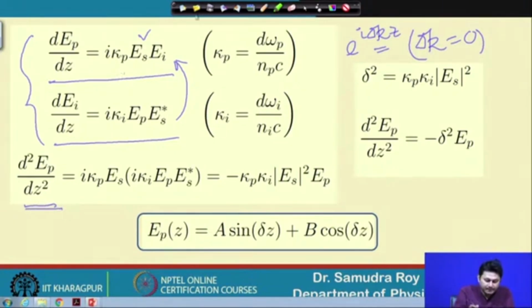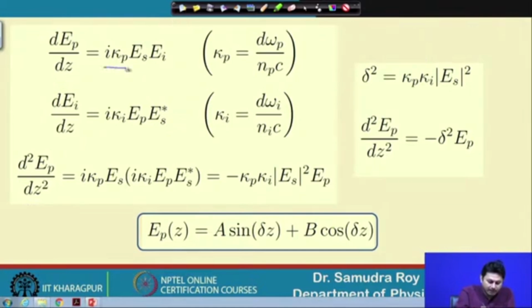This quantity i kappa E_s is constant because E_s is constant in our case. So, this term will be here, and we have a derivative of this quantity, which is dE_i by dz. Now, dE_i by dz is in our hand, and we just replace it here.